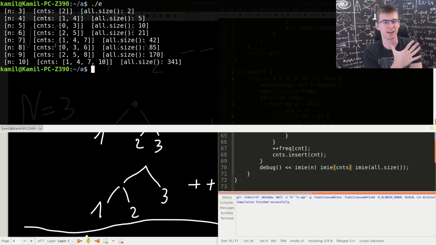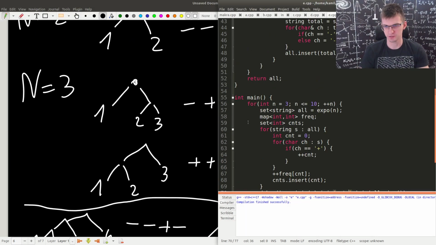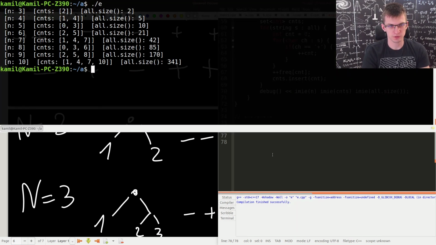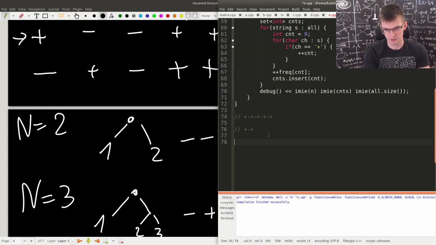Well, now can I implement this? I will write down what I know. So if I have n modulo 3, then this 3 minus that, necessary and sufficient conditions for a sequence of plus minus to be possible.